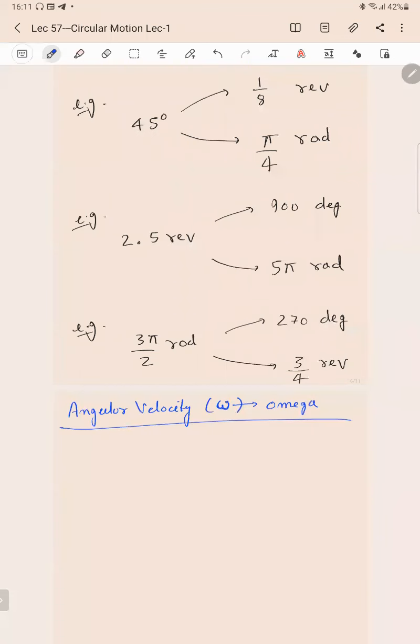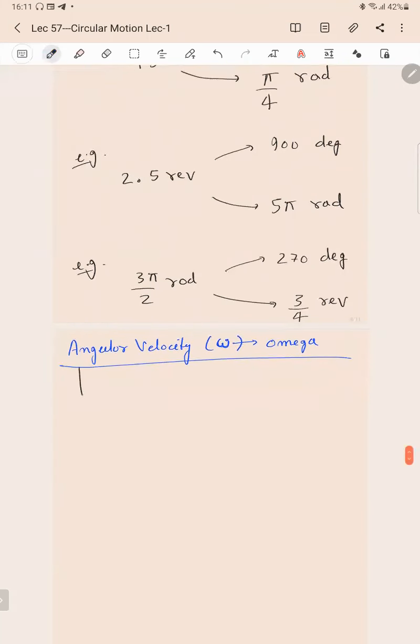And now on the similar lines of linear velocity, you can define angular velocity. It is the rate of change of angular displacement with respect to time.